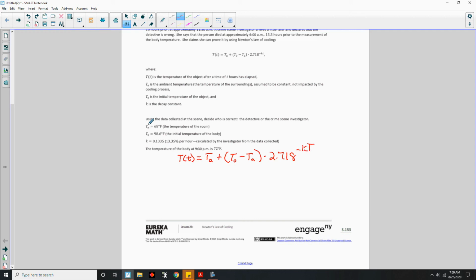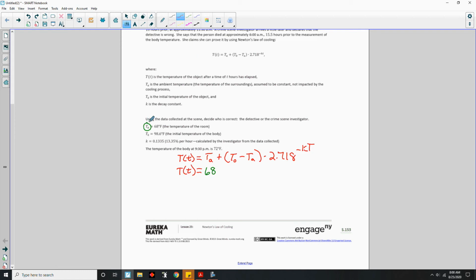All right, so then we're given some facts. T sub a is 68 degrees Fahrenheit. Let me change colors. Let's use green. So T sub a is 68. So I'm going to rewrite this. We have T sub a, T sub 0, and we know k. So T of t doesn't change. T sub a is 68, so I'm going to put 68 here.